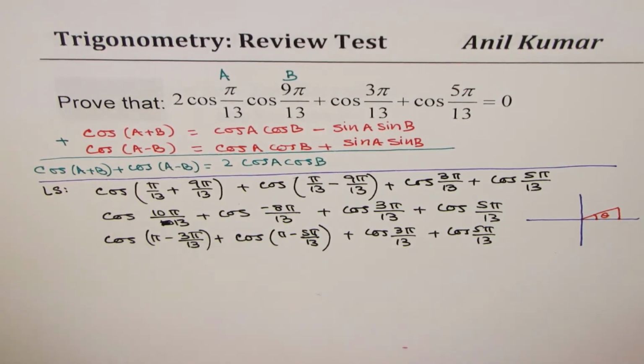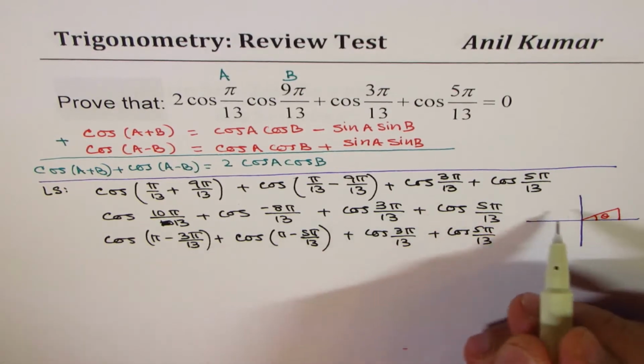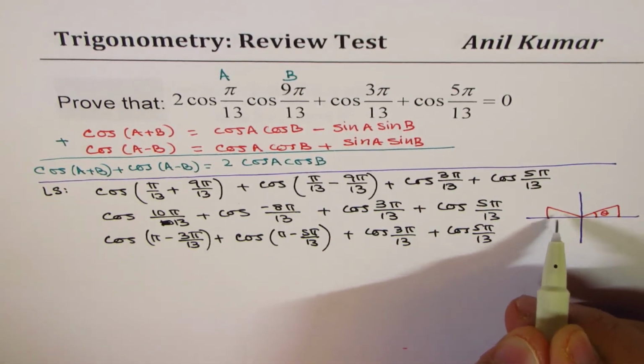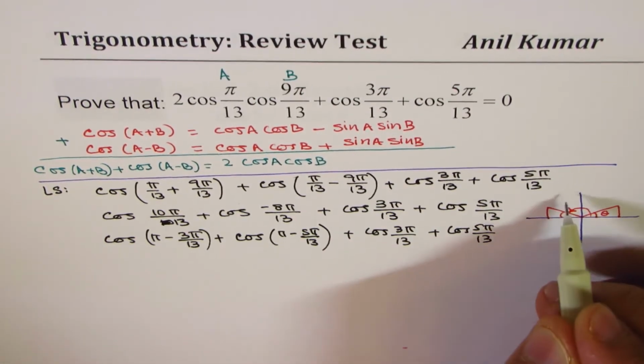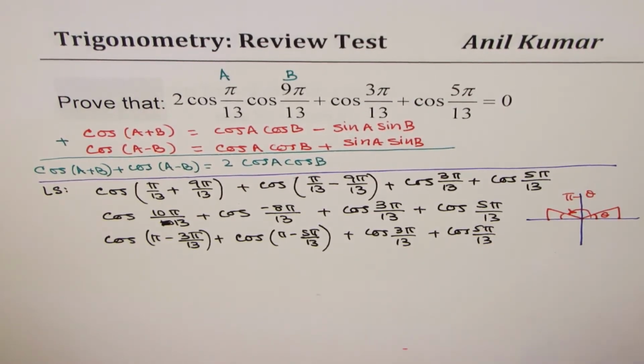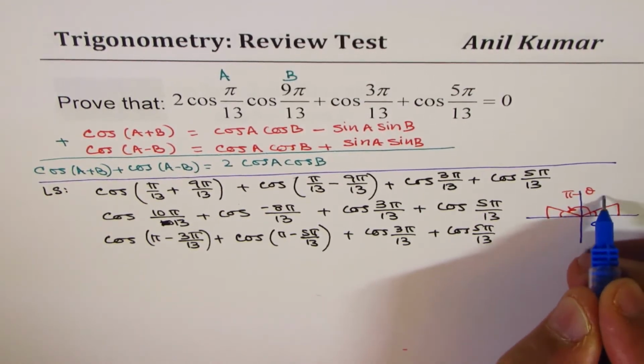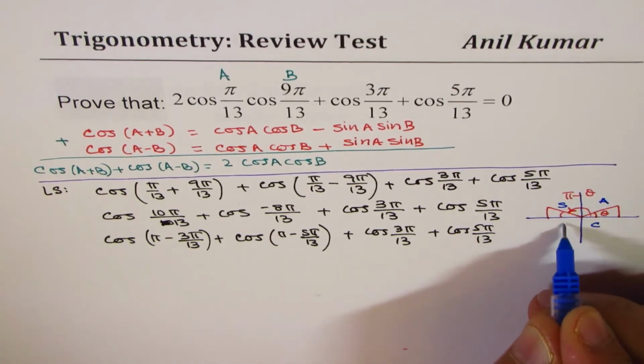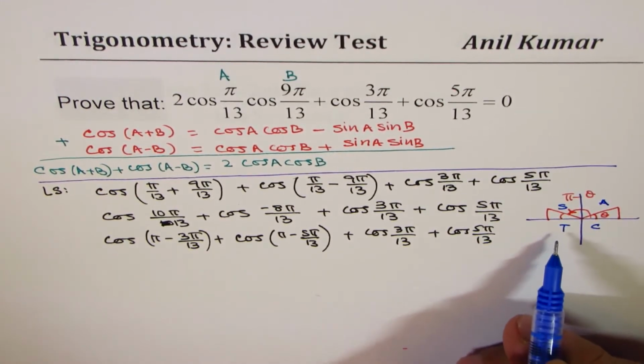So what I'm trying to say here is, if you consider an angle which is pi minus theta, then cos is negative in this quadrant, right? As you know from the rules, cos is positive in the first quadrant, sine is positive in the second, and tan is positive in quadrant 3.